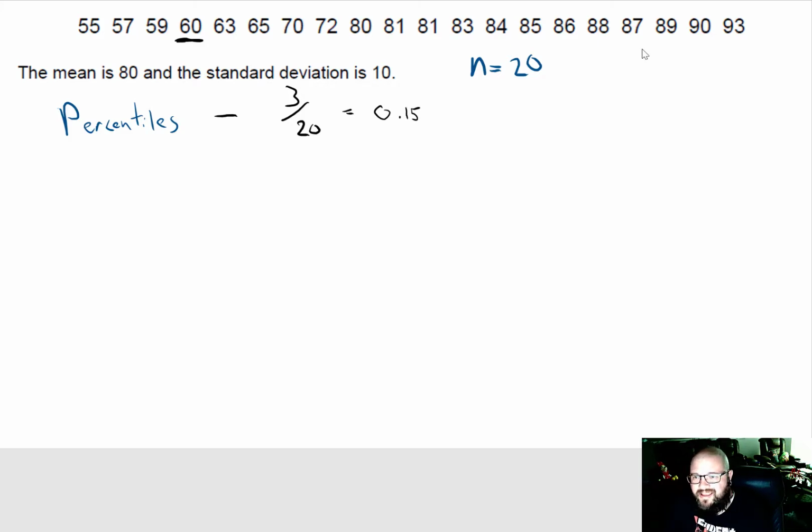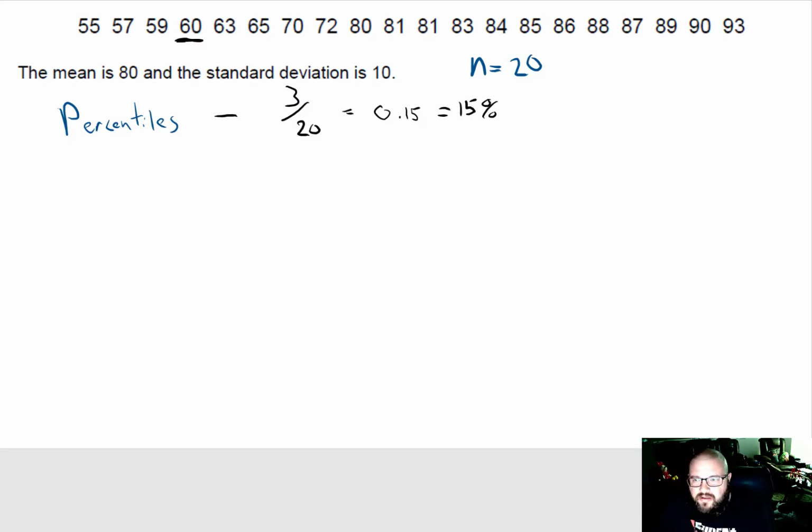So therefore, that equates to the 15th percent. Okay? So in other words, 60 was in the 15th percentile for this.